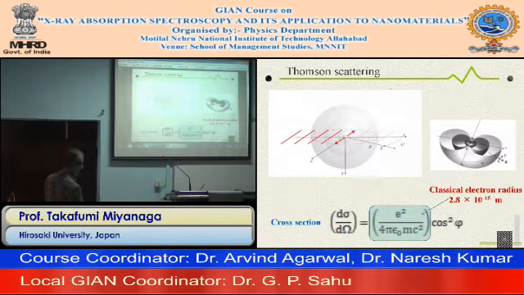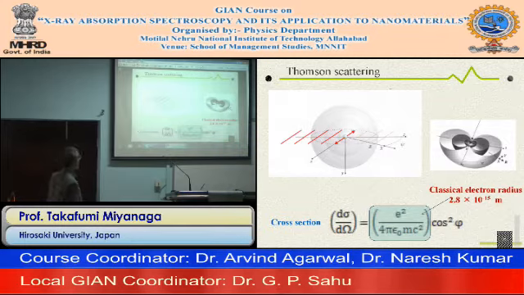From the physical aspect of this scattering, the X-ray is just like a rose and the electron is like a target. So the scattering cross section is expressed as the area of the electron.